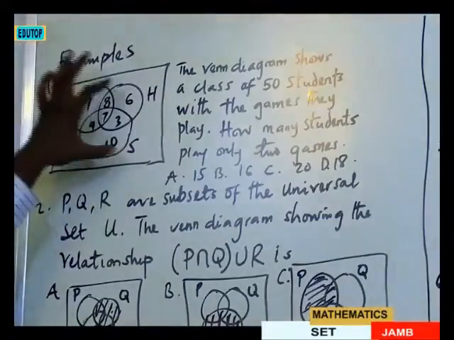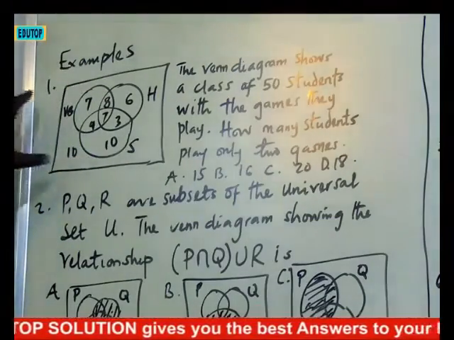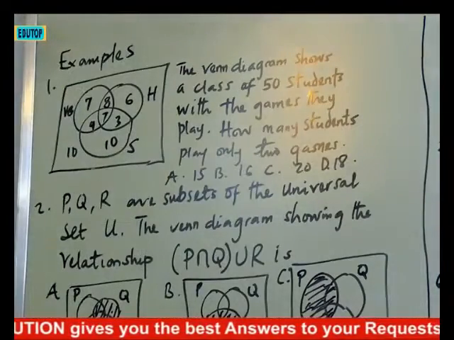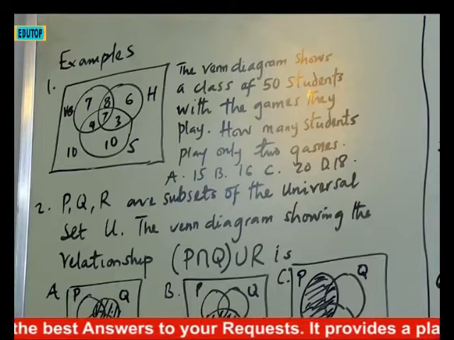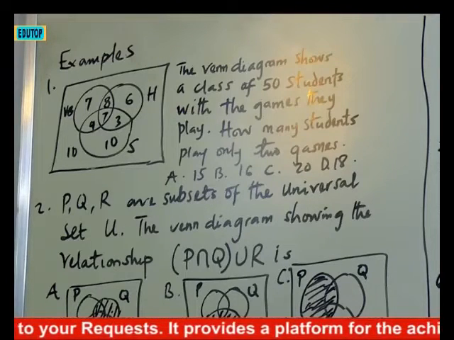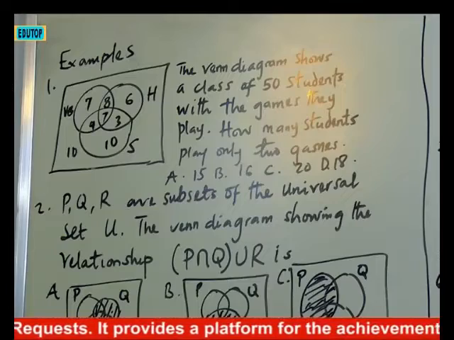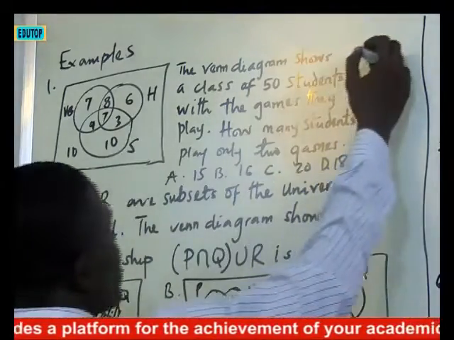So in this situation, you have a piece of information being represented in a Venn diagram. The question says the Venn diagram shows a class of 50 students with the games they play. It should be noted that H represents hockey.